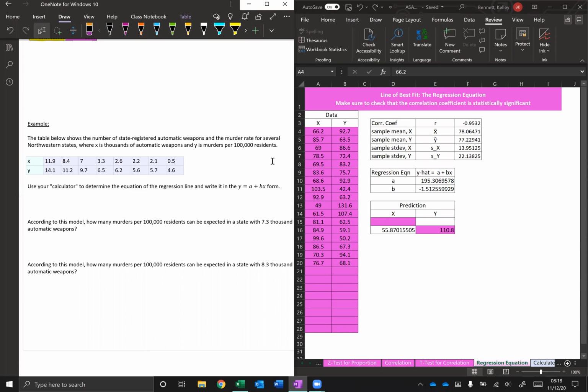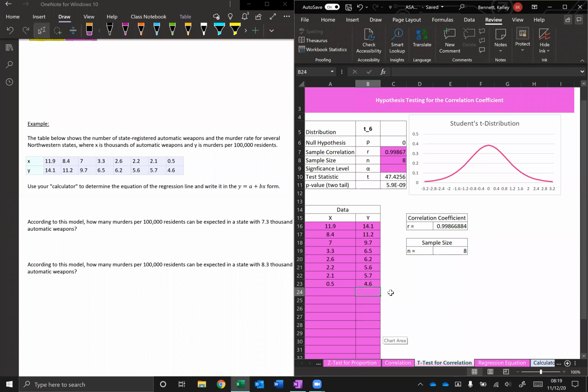So let's start by running our hypothesis test to make sure that r is statistically significant. And let's see what we get. So when I put my data in, I get a correlation coefficient of 0.99866. I mean, that's very strong, but my sample size isn't that big. It's only 8. So I run my hypothesis test and I still have a p-value that's incredibly small, right?